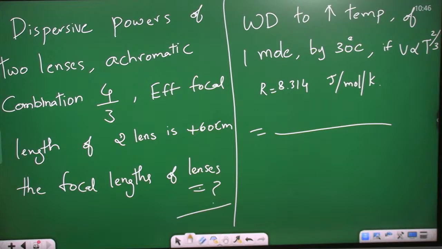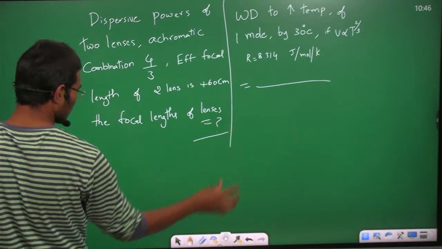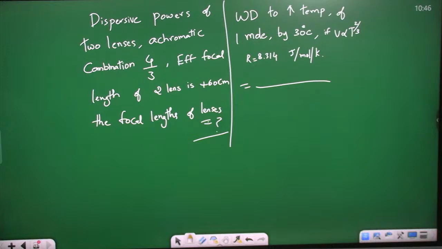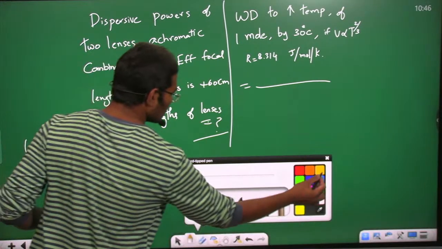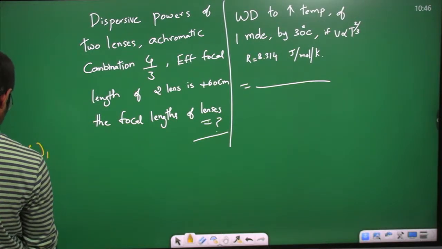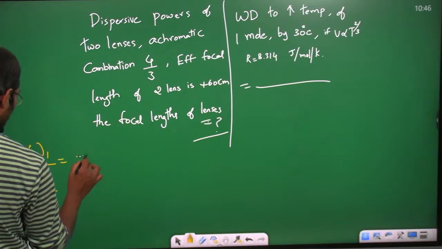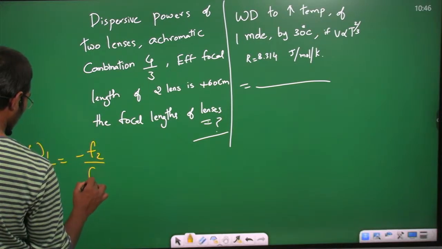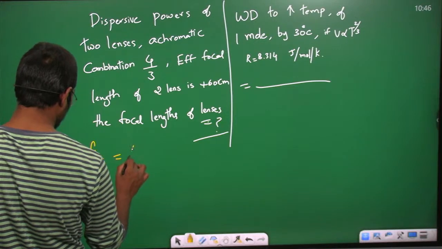Okay, let's try to do this. See here, it is given that W1 by W2 is equal to minus F2 by F1 is equal to 4 by 3.